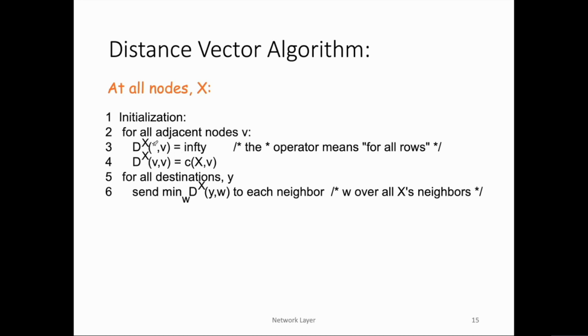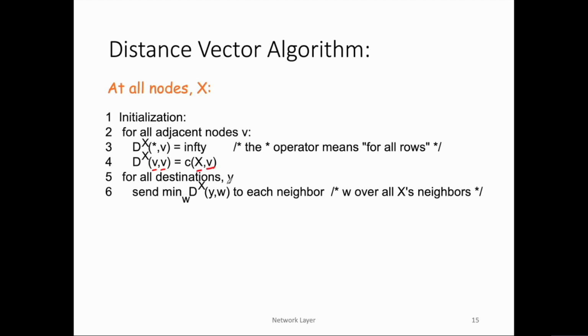So this means that the destination is not a direct neighbor. And if the destination is a direct neighbor, the cost to reach from X to V is known. Why? Because V is the direct neighbor of X.